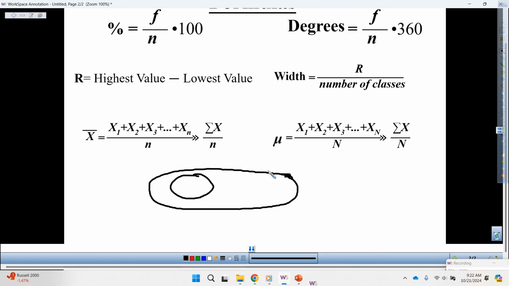All right, let's go with Julius. What does the big oval represent? Martin. Starts with the letter P. What is it? That is correct. Population.